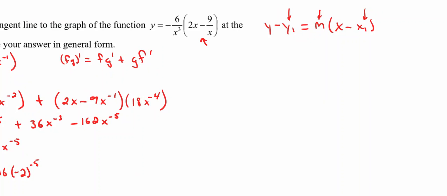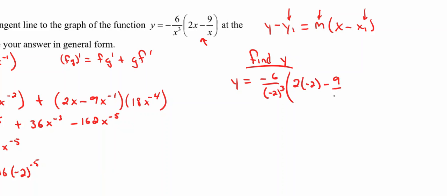So find y. Y would be equal to negative 6 over negative 2 to the power of 3, and then 2 times negative 2 minus 9 over negative 2. Putting all that in, we end up getting 3 over 8.